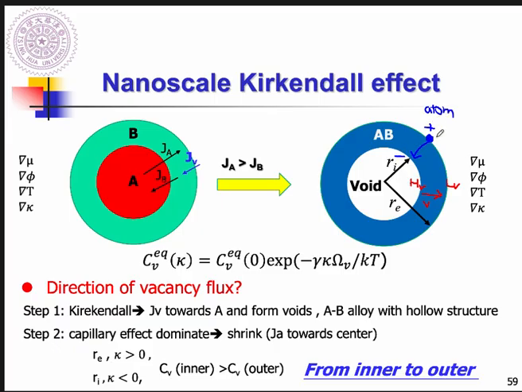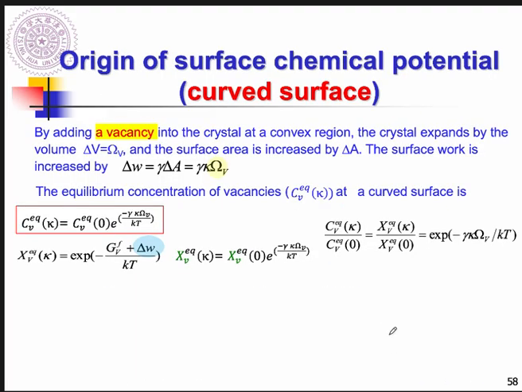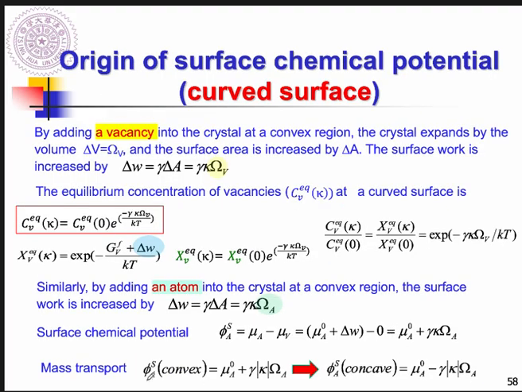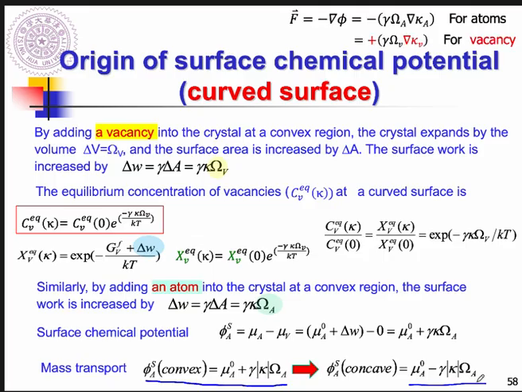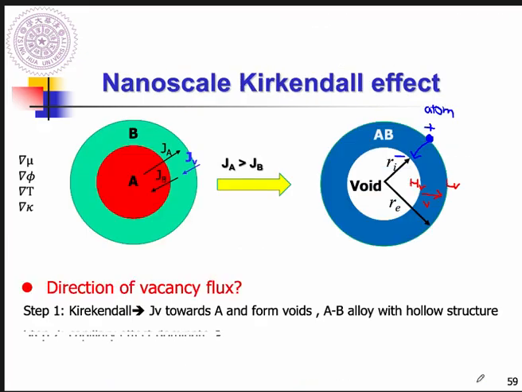This is based on the surface potential you have learned here. And the concave region has a negative kappa.